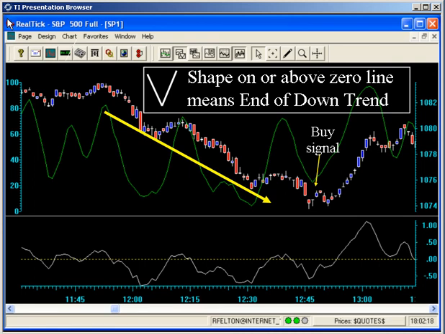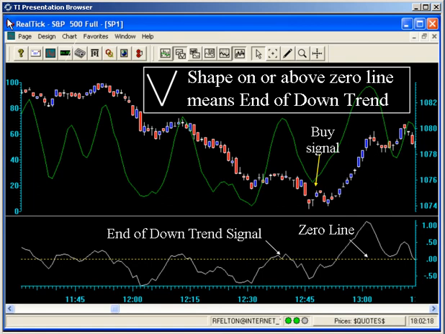So our buy signal would be considered the first against the trend, and we would ignore this signal unless we can get permission to take it from the MACD. That permission comes in the form of this V shape that is formed by the MACD in its relationship to the zero line. Here is our zero line on the MACD, and here is our end of the downtrend indication.